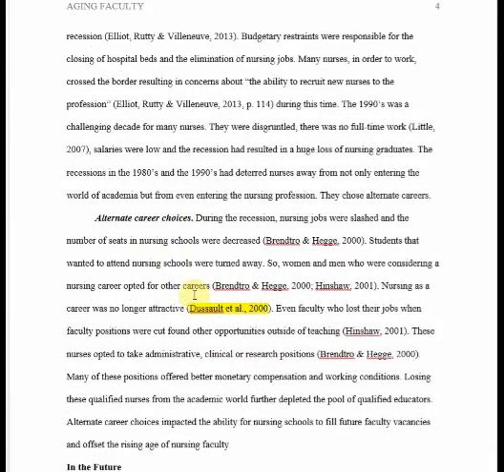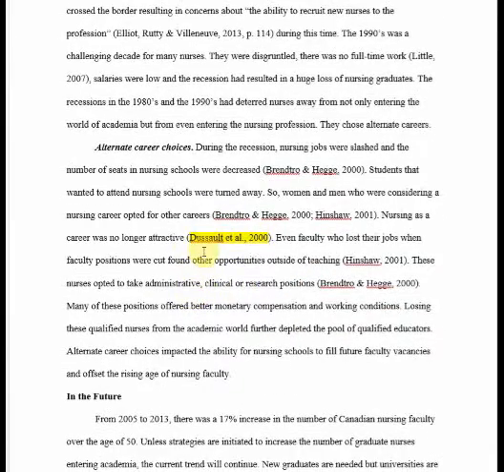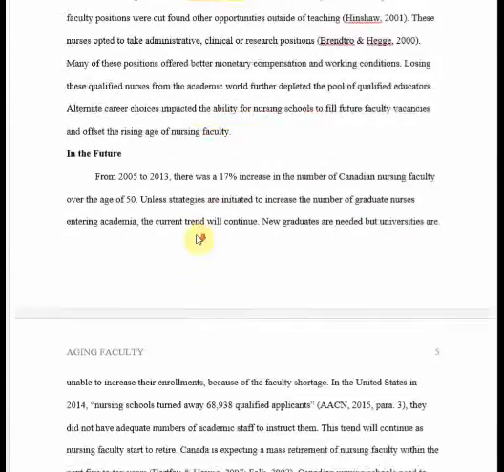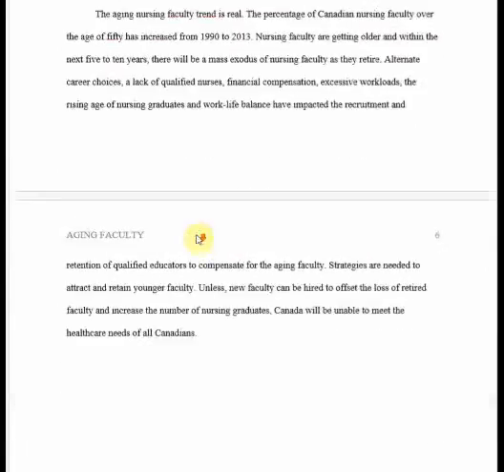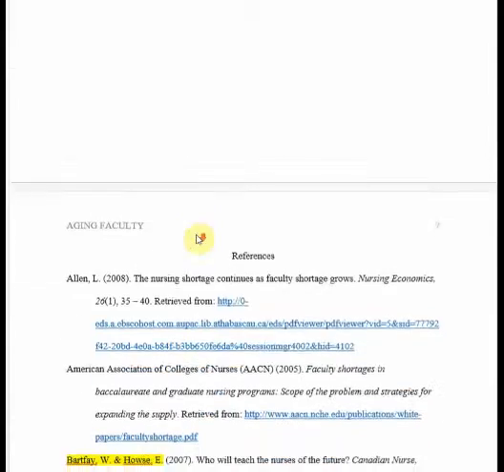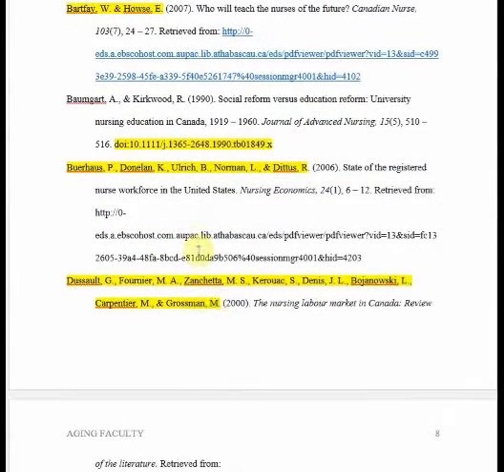Now I've highlighted another citation only because this paper, Dassault, and I'll just go down to my reference page to show you. One minute. It has more than 8 authors in the paper.